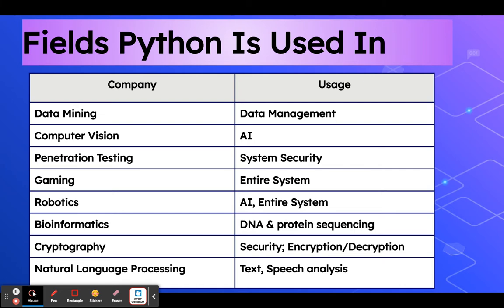A new field, bioinformatics. This is the DNA and protein sequencing that are used in our health systems. So this is up and coming. This is a really great field to get into. I mentioned cryptography and natural language processing, speech and analysis and text. Couldn't go along with security.